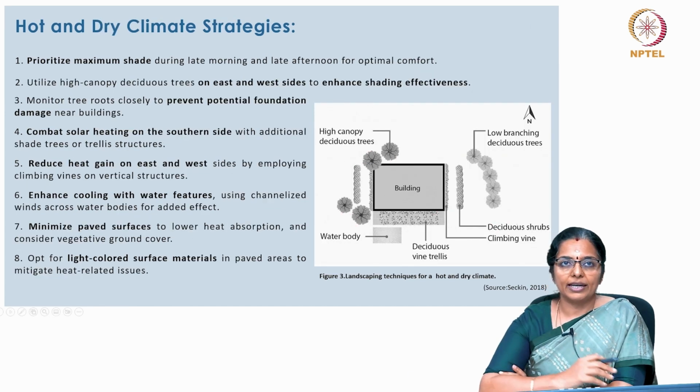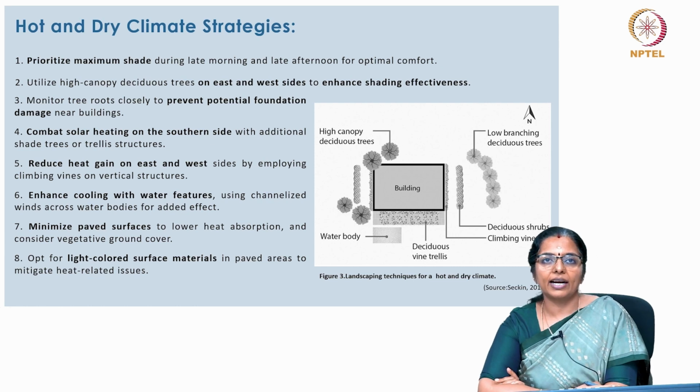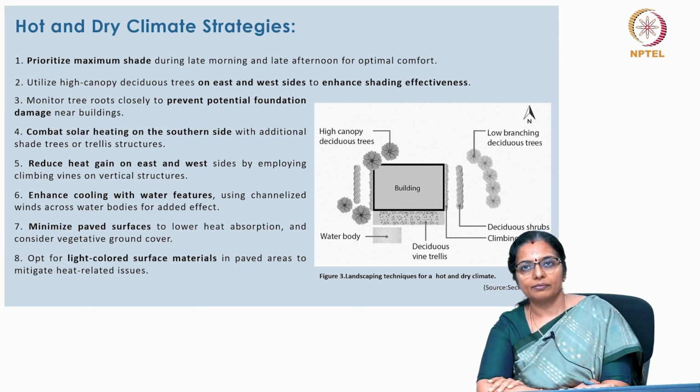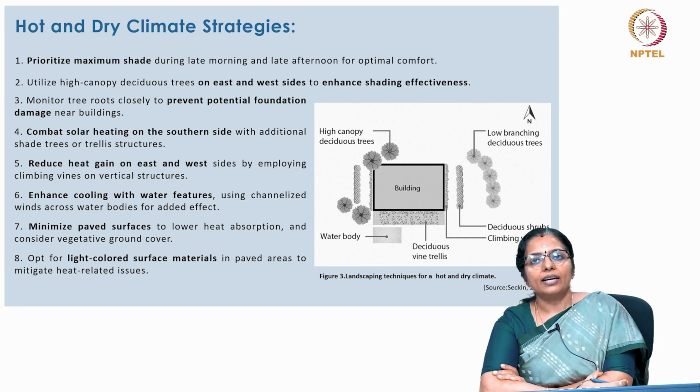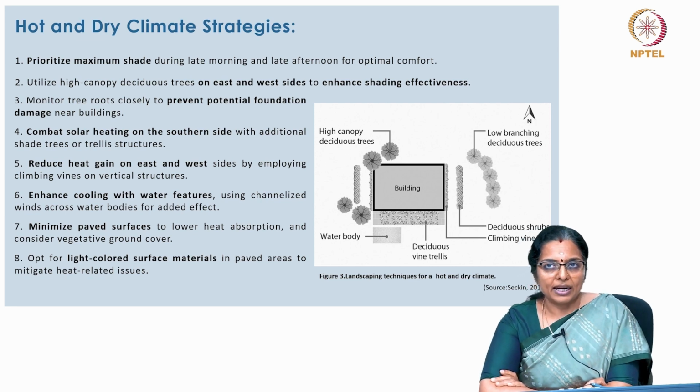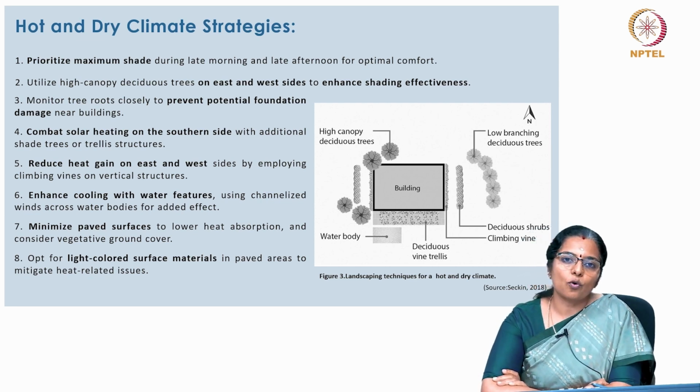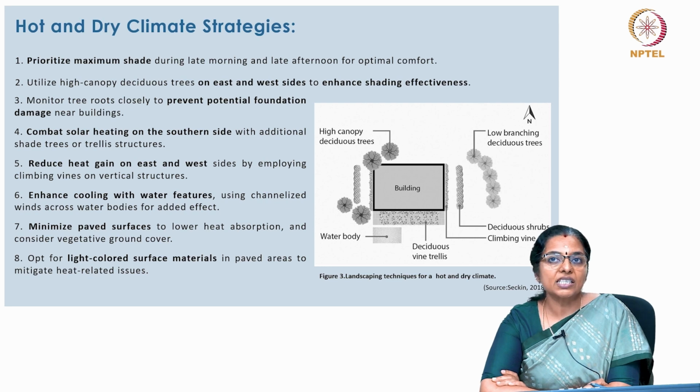Let us now address the hot and dry climate conditions. In addressing hot and dry climates, strategies focus on maximizing shade for comfort, using high canopy deciduous trees strategically and monitoring tree roots to prevent damage.